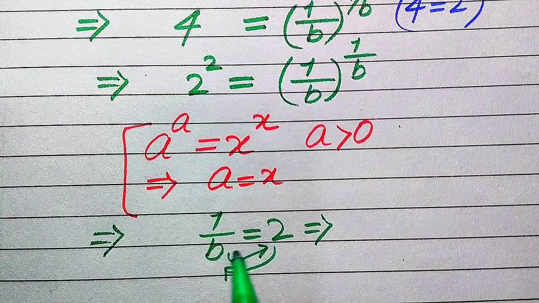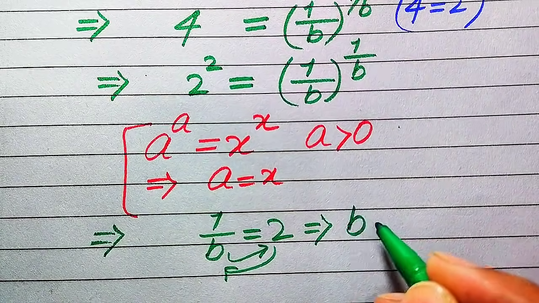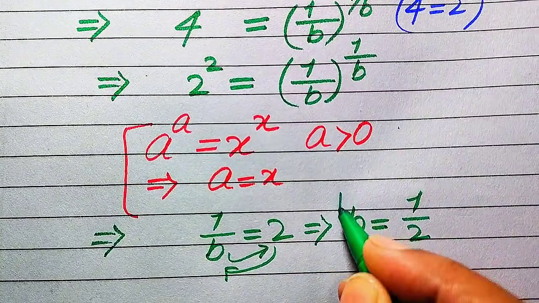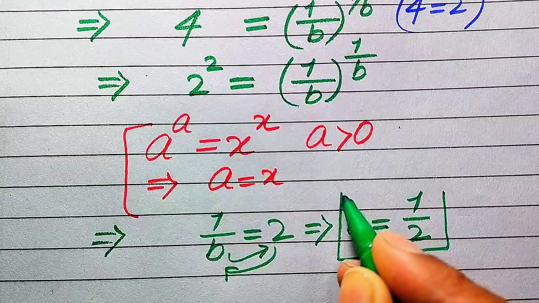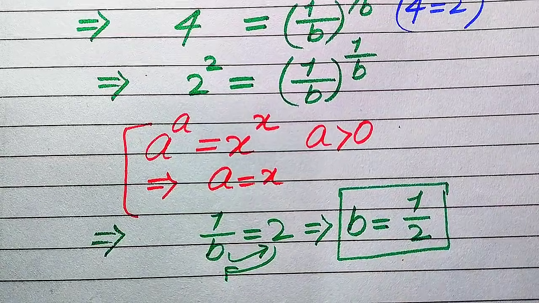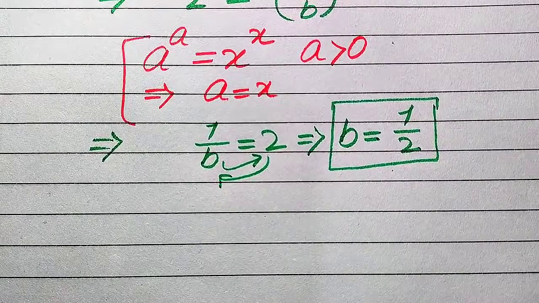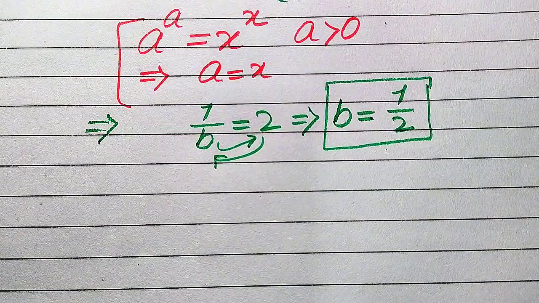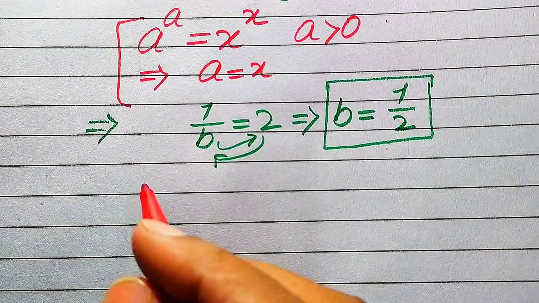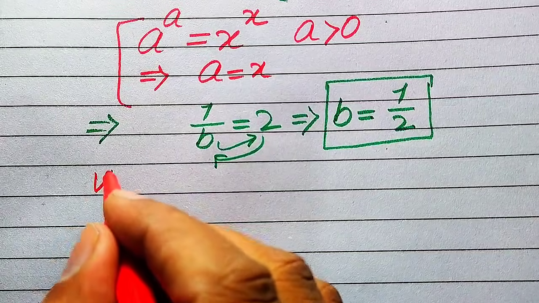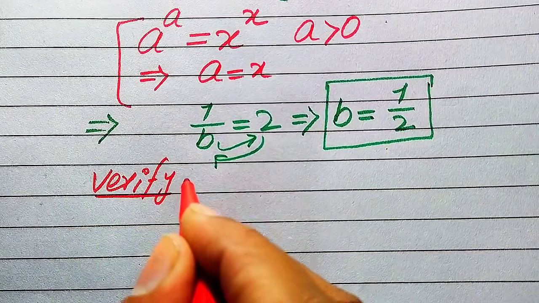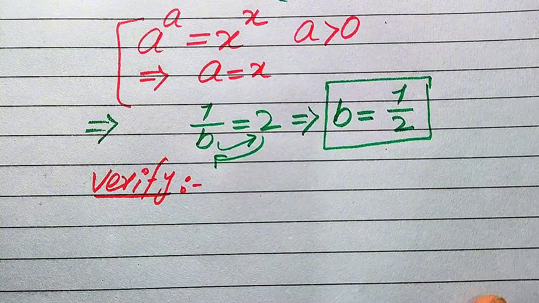When we interchange these two values, we get b is equal to 1 over 2. So this is the only one root of the given equation which we get in this method. And now in the next step, we need to verify whether this value of b satisfies our given question statement or not, or in other words whether this value of b is a solution or an extraneous root.